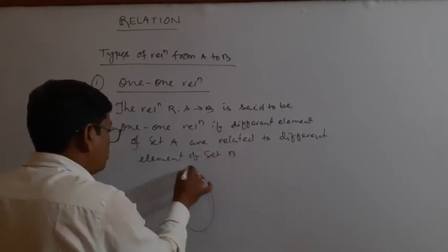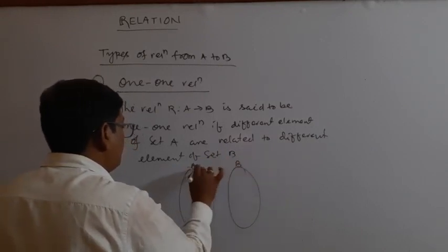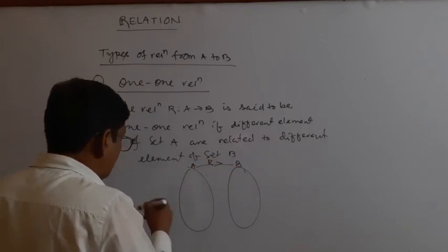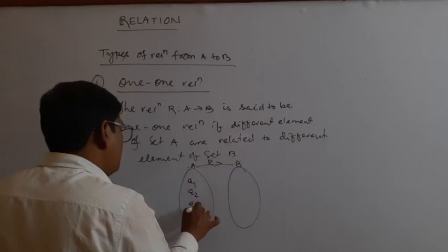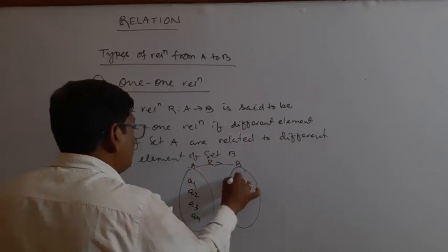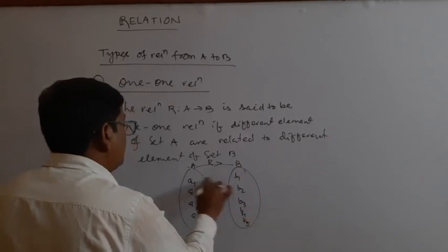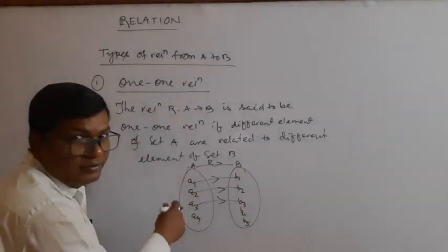Diagrammatically, suppose set A and set B, and this is the relation R. Suppose this is A1, A2, A3, A4 and B1, B2, B3, B4, B5. Suppose this is a one-to-one relation, a one-to-one link.